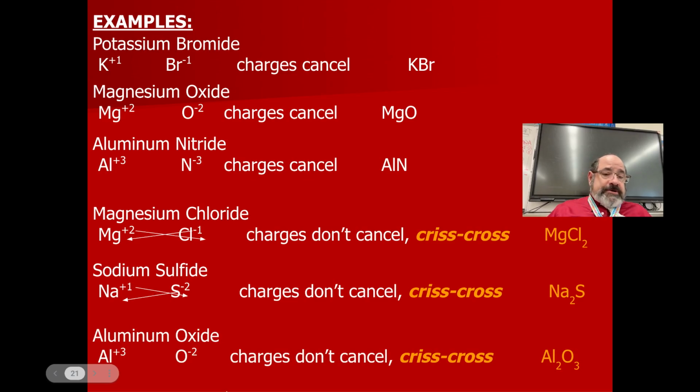Aluminum oxide, my personal favorite. It's a 2 and a 3. What did the 2 and the 3 do? They do the 2-3 combo. They switch. And because there's no 1s going away, the 2 and the 3 switch. So the 2 goes down here, and the 3 goes down here. It's like do-si-do. They do the switch.